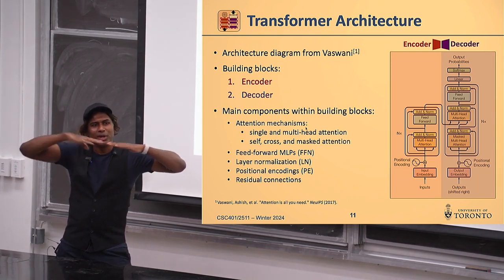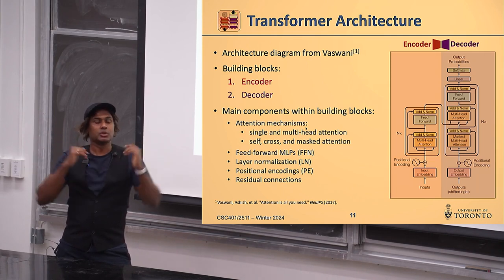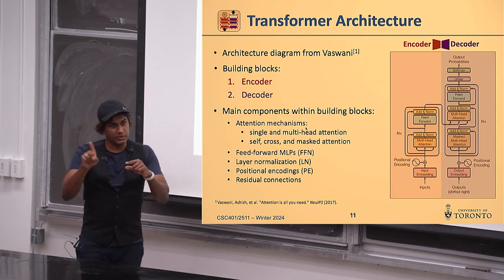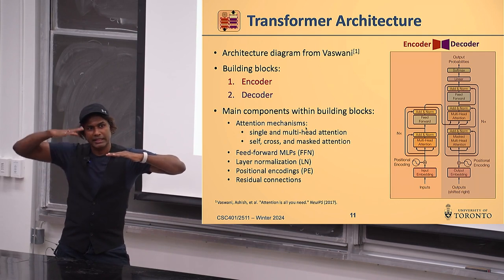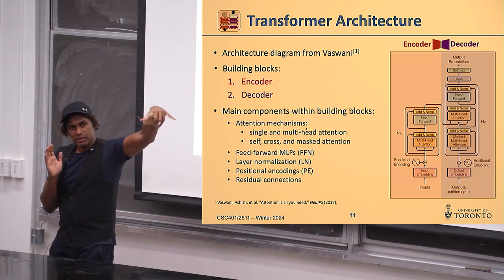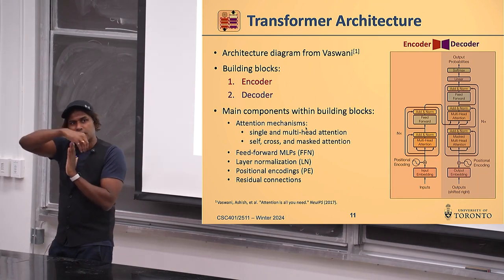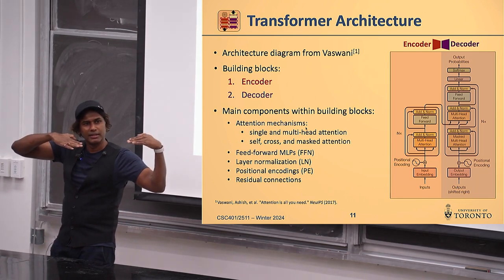If you're not joining them, how does the decoder get any information? Same thing in seq2seq plus attention. What did you do? You had the encoder, and the decoder at each time step was looking at all the tokens encoded by the encoder, conditioning on that, and then providing the output. So cross-attention is exactly the same thing.